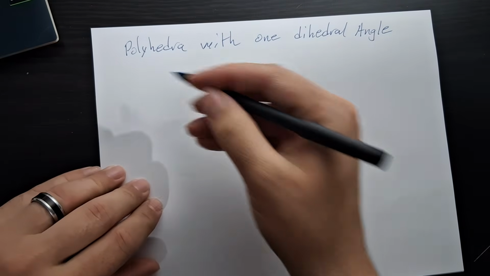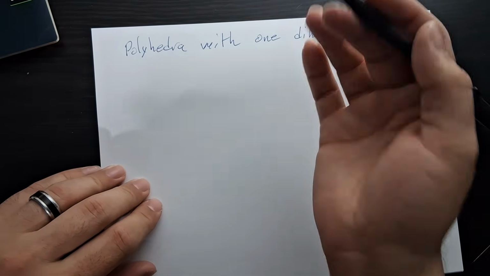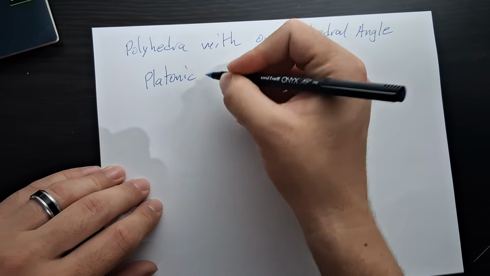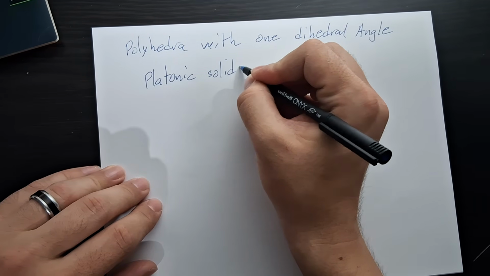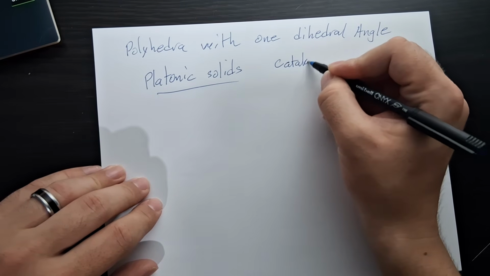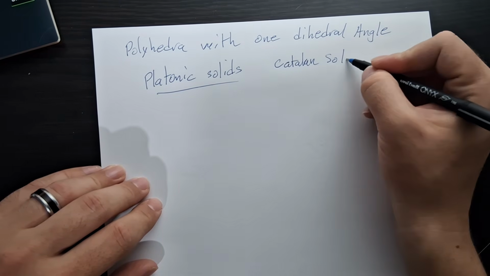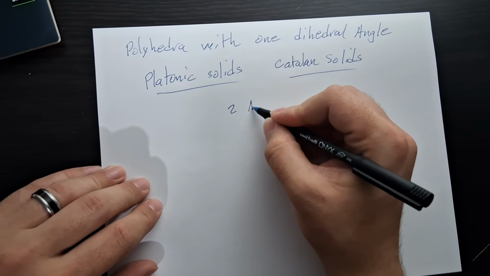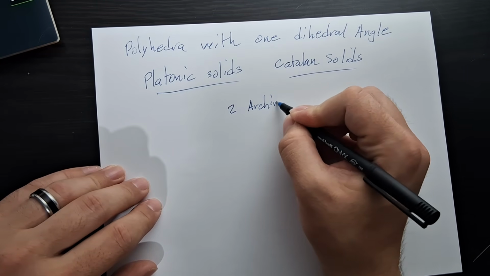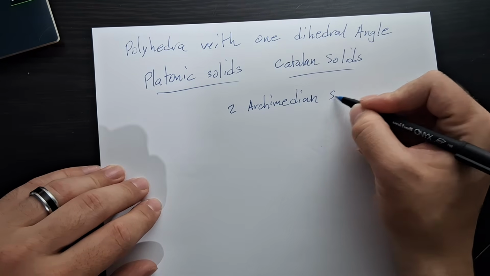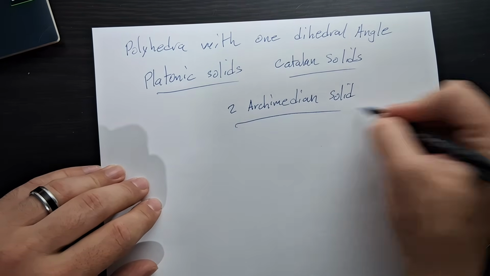Let's talk about other infinite families. What is here, first of all? Platonic solids are here. The Catalan solids are here. There are actually two Archimedean solids that have this property.